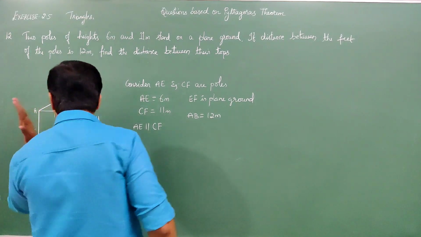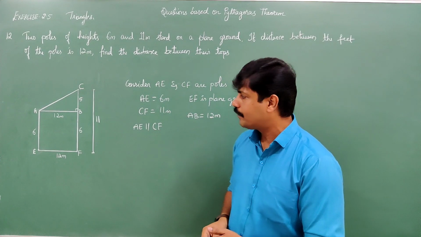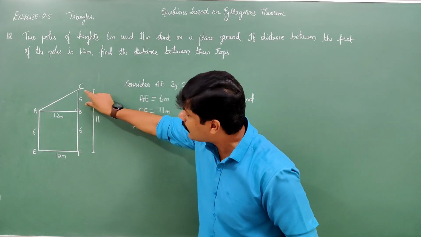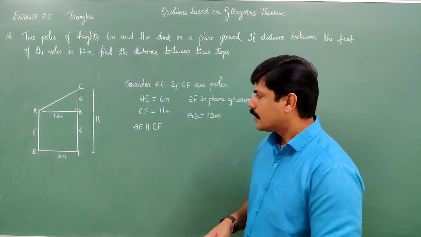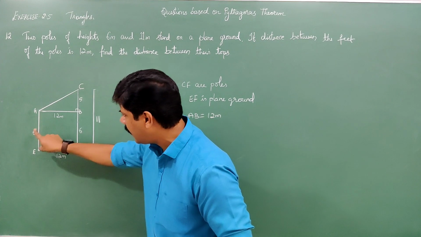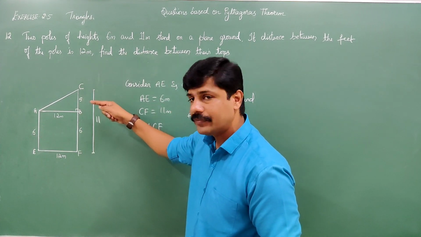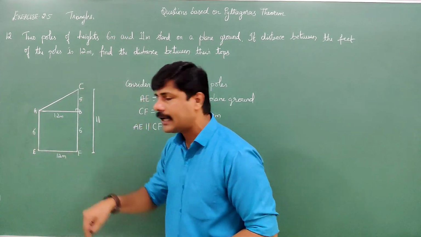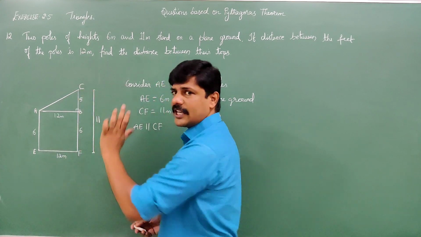With respect to pole AE, this pole CF is 5 meters more than AE. Pole AE is 6 meters and pole CF is 5 meters more, that means 6 plus 5.